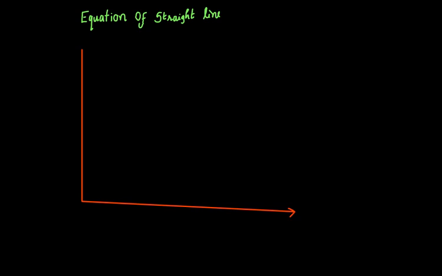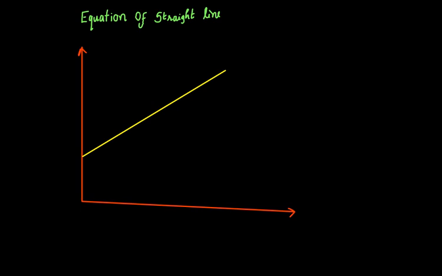I'm going to draw a straight line. So this is our straight line. Now we are going to find the equation of this straight line. Assuming that we don't know y is equal to mx plus c in the first place, how do you get to that equation?